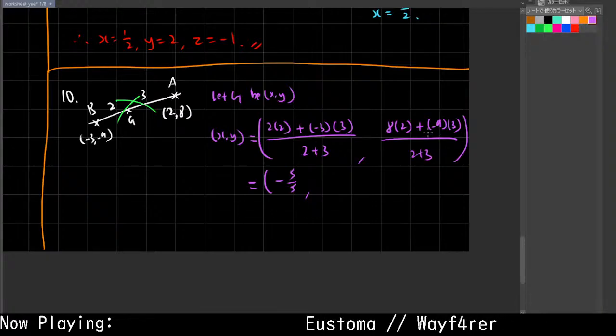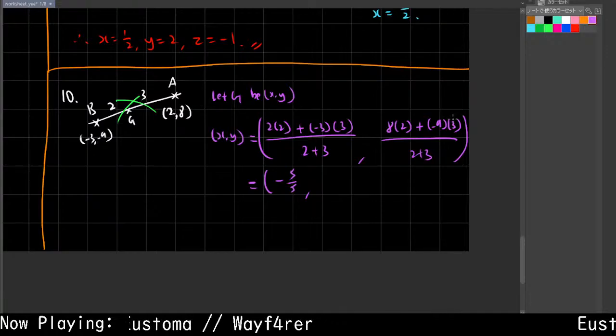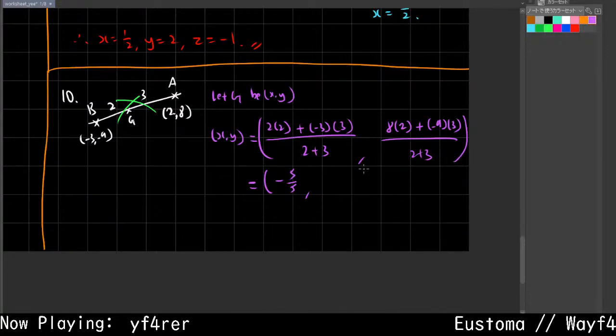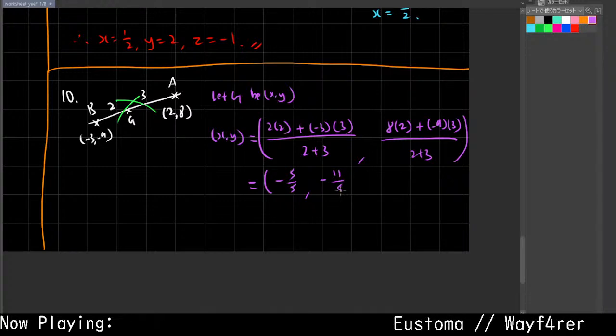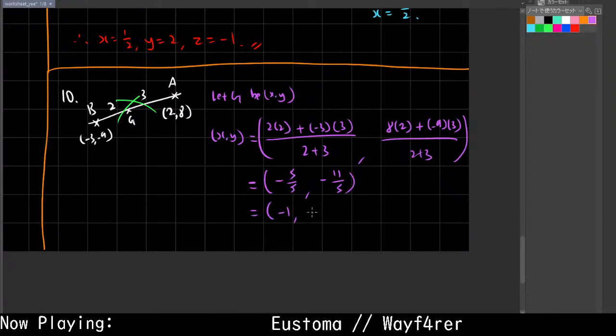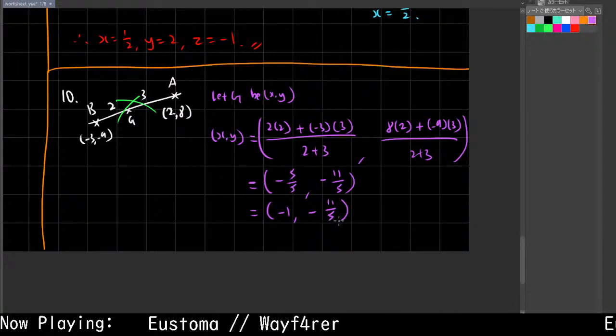This is 16 minus 27, sorry, 8 times 2 is 16. 16 minus 27 is negative 11 over 5. And this 5 over 5 I can simplify nicely to negative 1. So the answer will be negative 1 and negative 11 over 5.